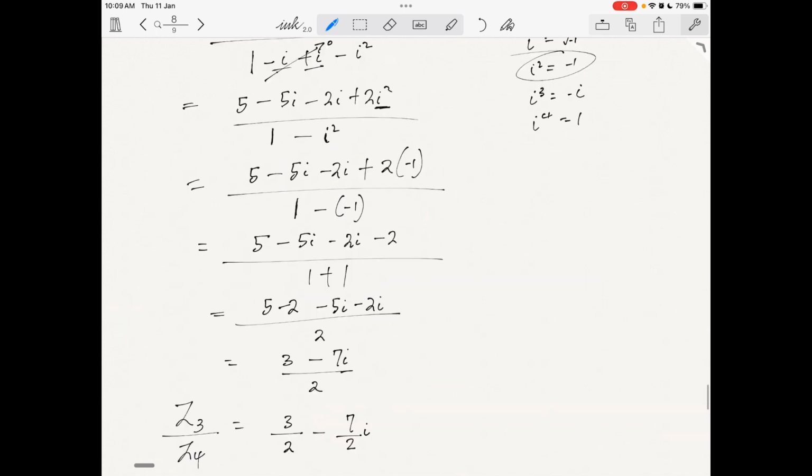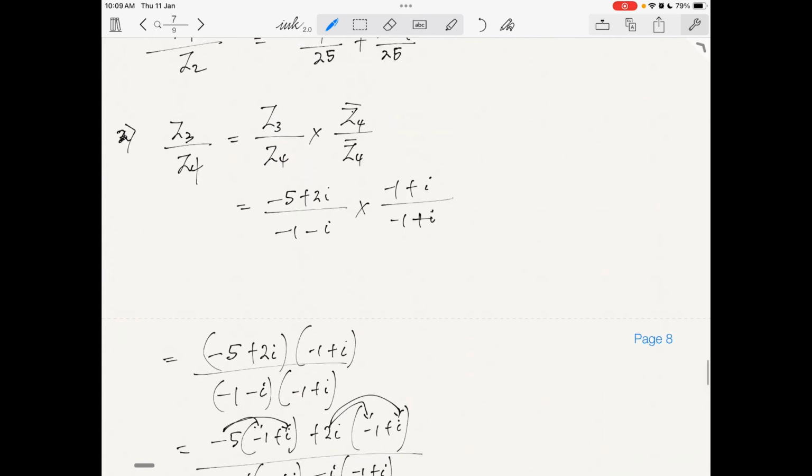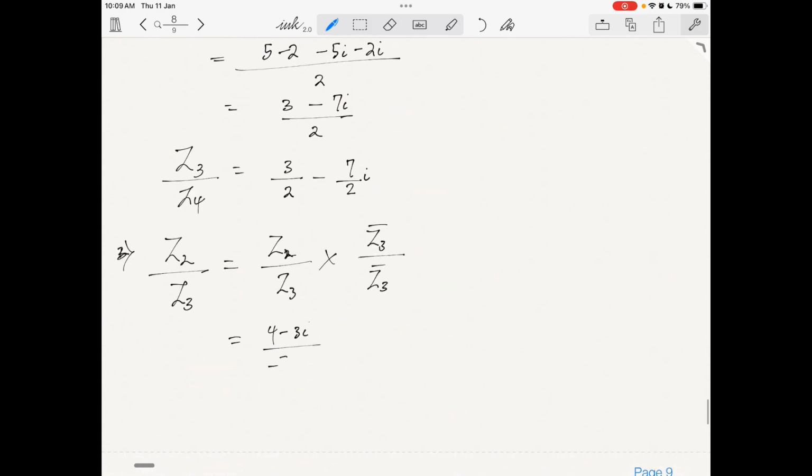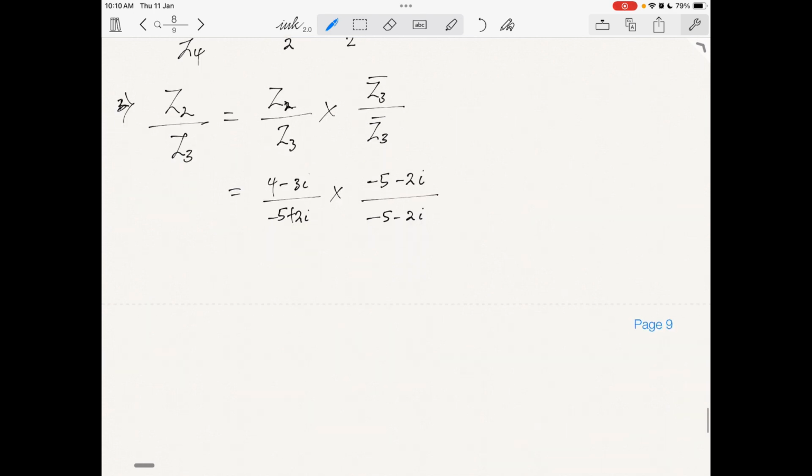And Z3 is what we have here, that's minus 5 plus 2i. And the conjugate of minus 5 plus 2i will be minus 5 minus 2i. So then we multiply out.